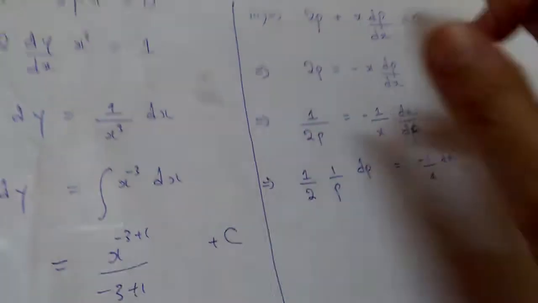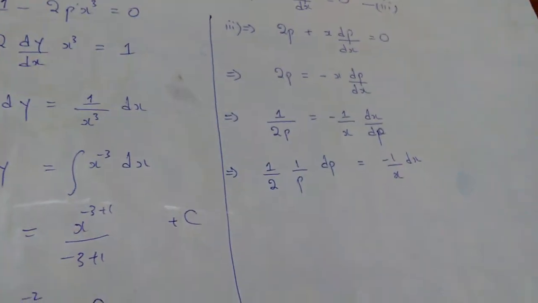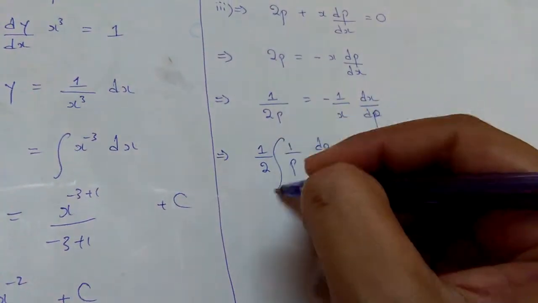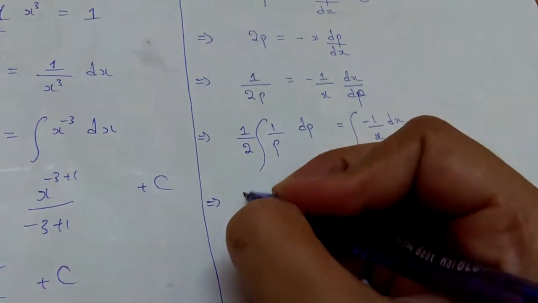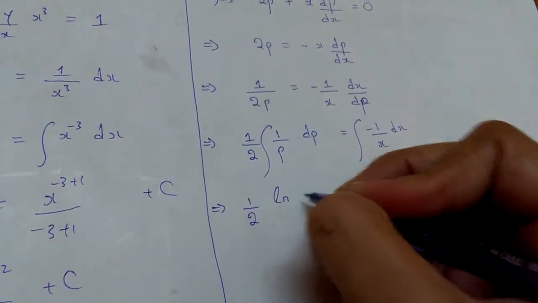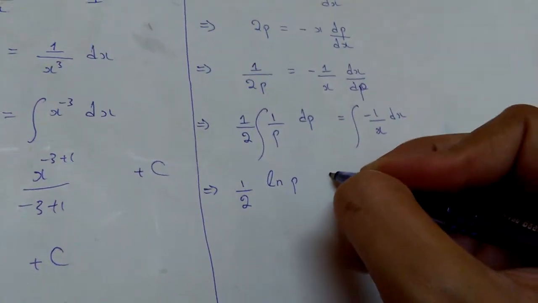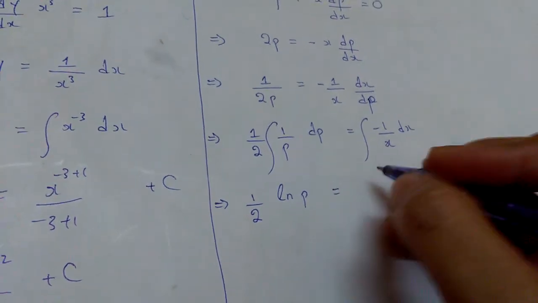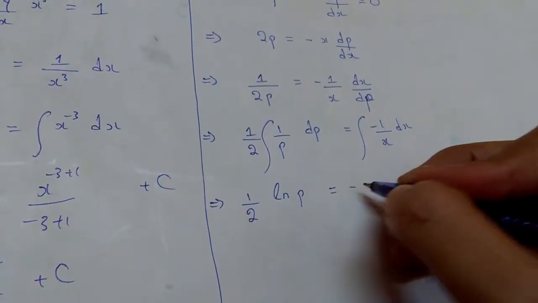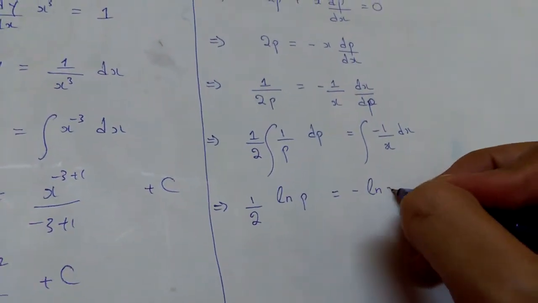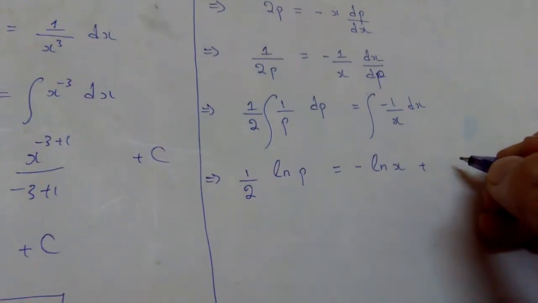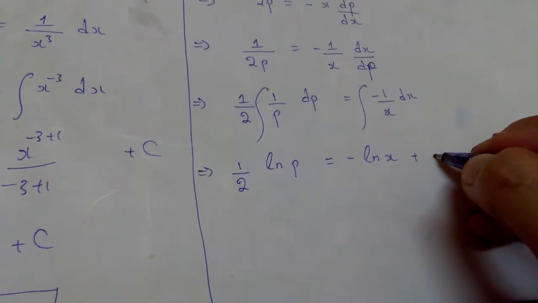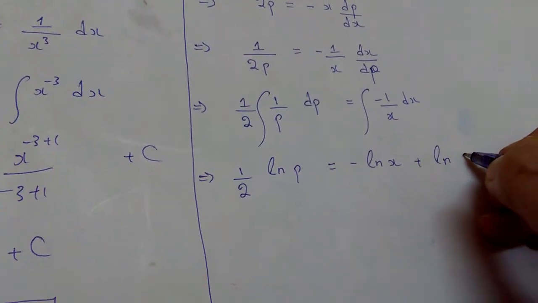So that's how this thing looks like. So now we just apply the integral over here. So this thing will become half log of your p plus some constant, and this is minus log of x plus some constant, and we just replace our simple constant by log of some other constant. Okay, it is something like this.